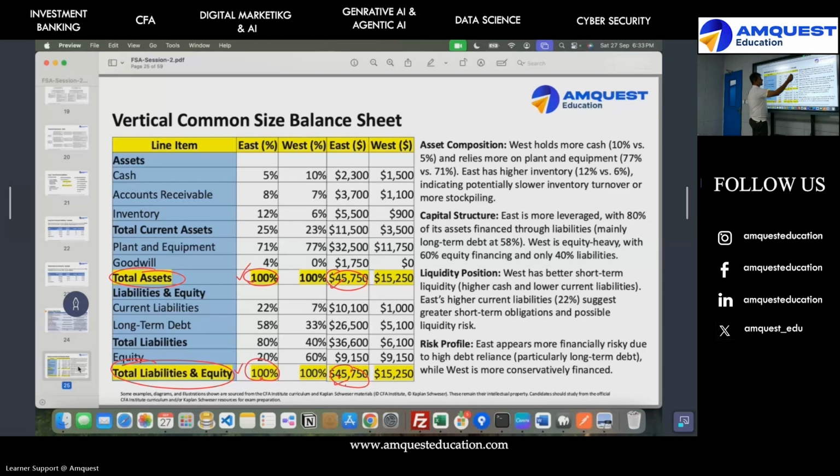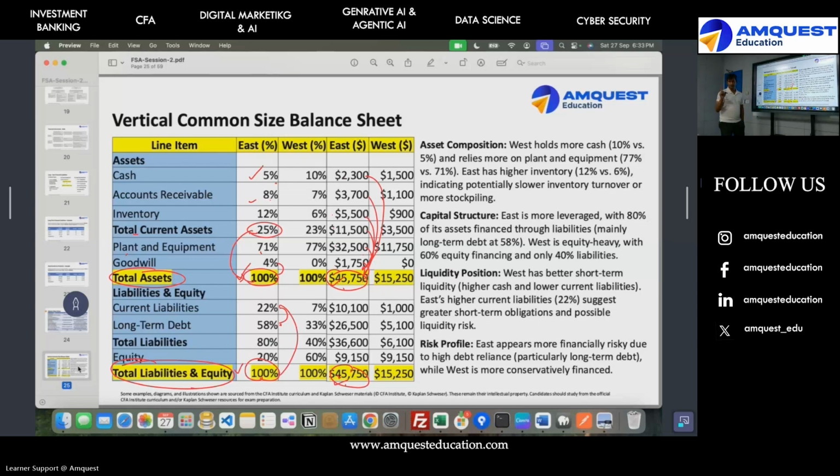And every other line will be a percentage of this line. So what is 2000 upon 2045? 5%. 8%. So I know that my plant equity is 71%, total current assets is 25% of total assets. Goodwill is only 4%. So I know every line as a percentage of total assets or total liabilities and equity.